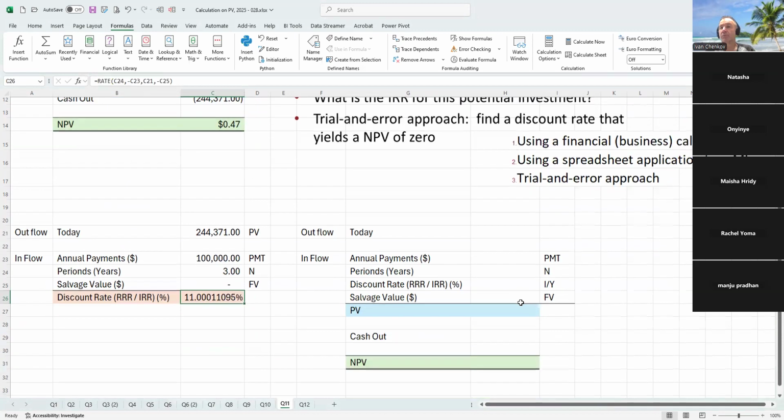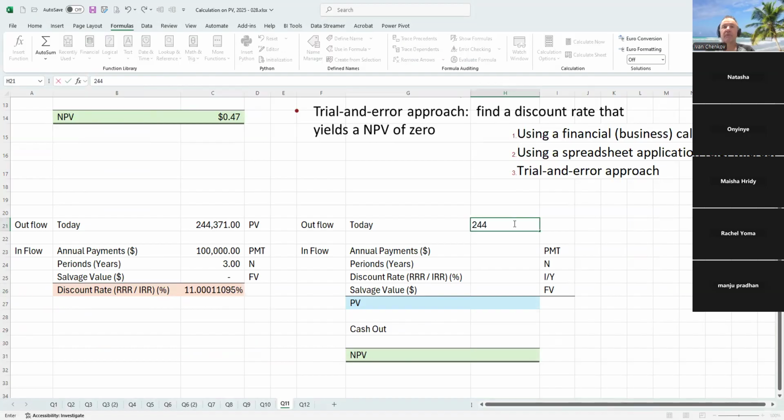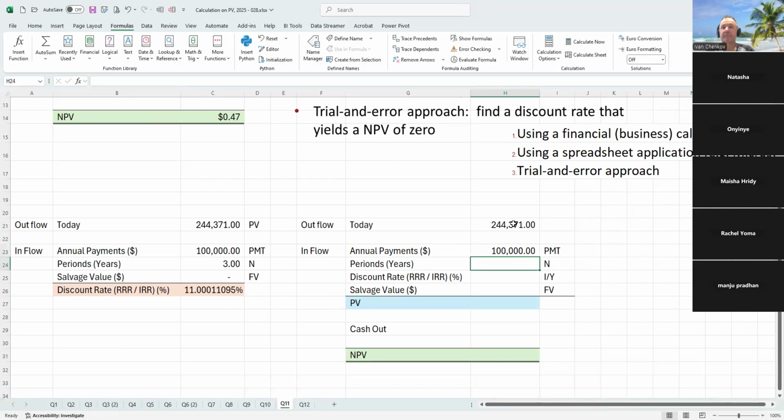Now we want to make the calculation to make sure that this is correct. So let's go: 244,371, and my annual payment is $100,000. Period 3. Now internal rate of return is equal to that amount. Salvage value is 0.